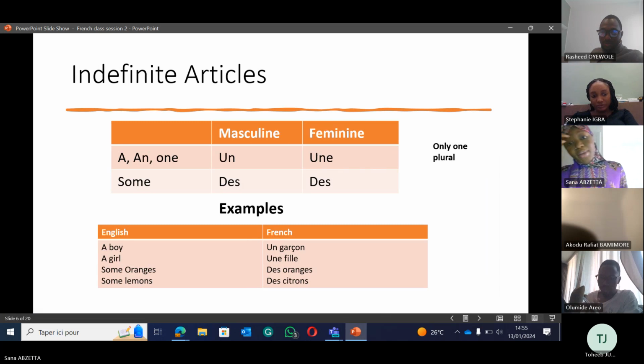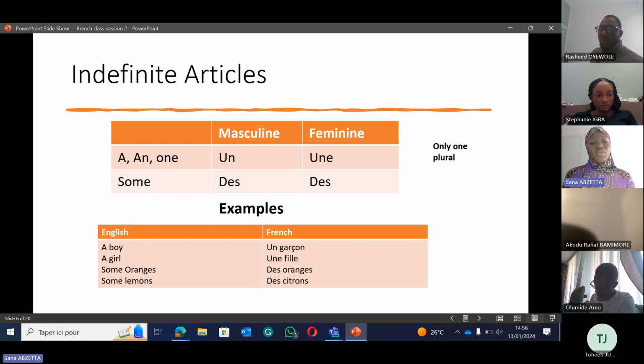So un and une are used to translate, in French, a, an, or one. Un is used for masculine words, une is used for feminine words, and des is used for plural. There is only one plural, either masculine or feminine.